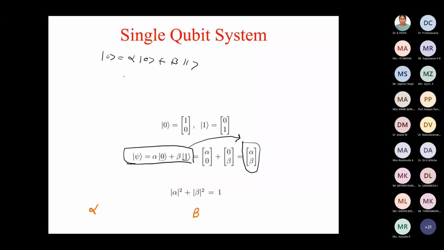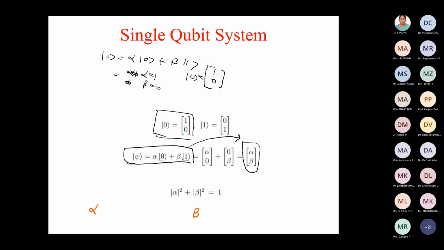Alpha equal to 1 and beta equal to 0. So we can write them in this column form: alpha 1, beta 0. This way we can write the 0 state.